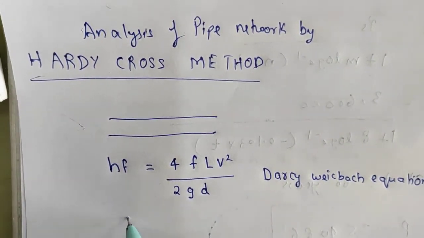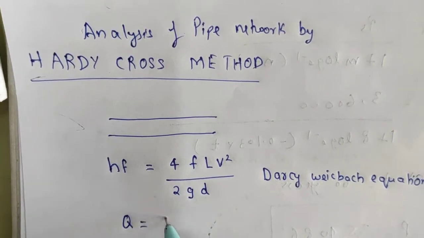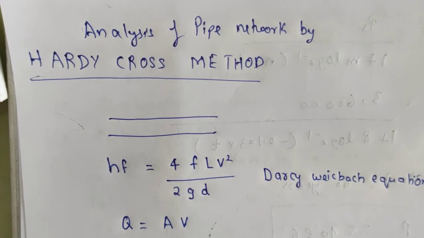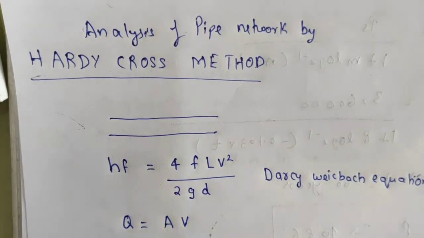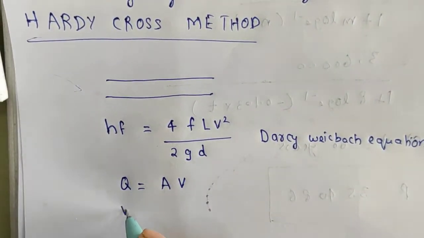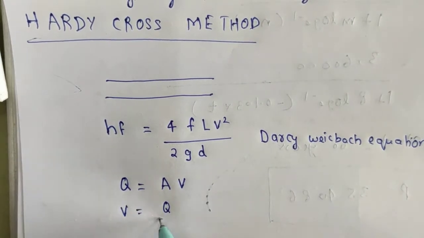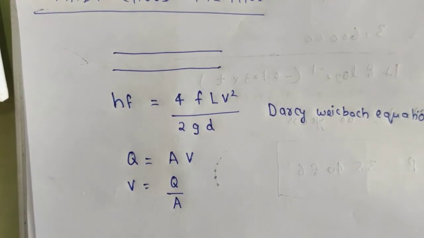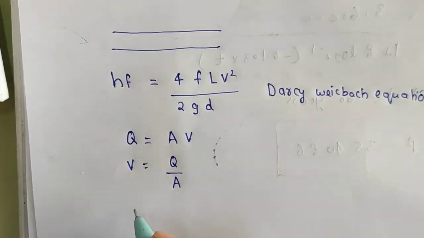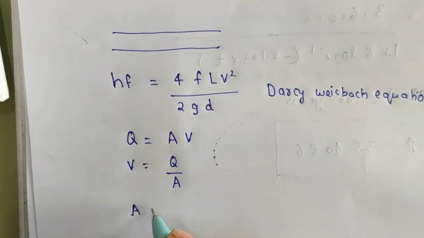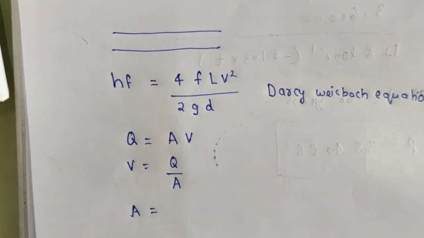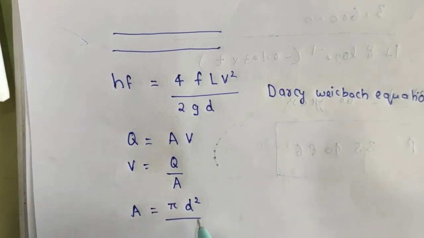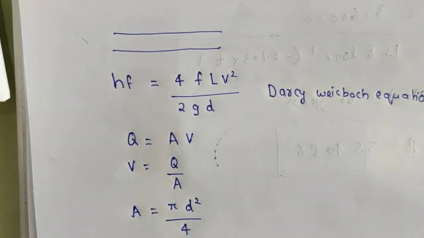So you understand that Q is equal to AV, right? Q is equal to AV. That means you can write V is equal to Q upon A. Is it okay with you? Also you know that the area of a circular pipe is pi d square divided by 4, right?